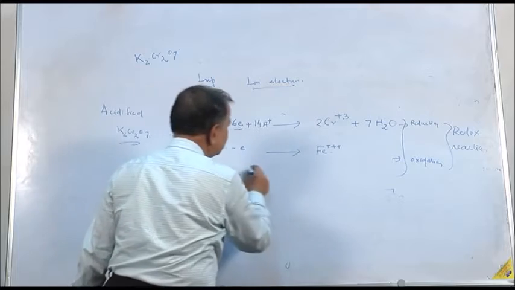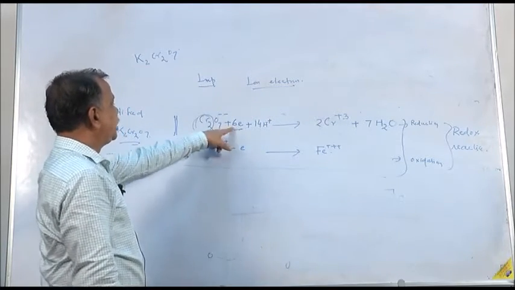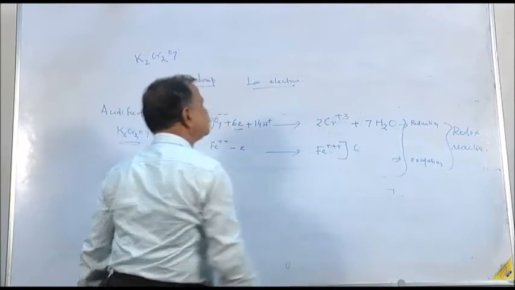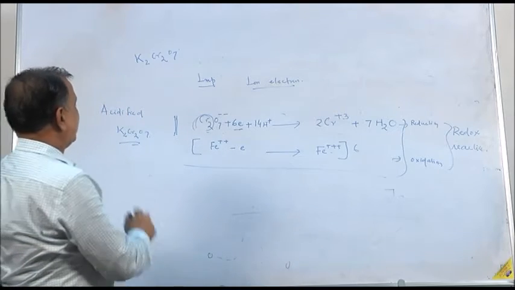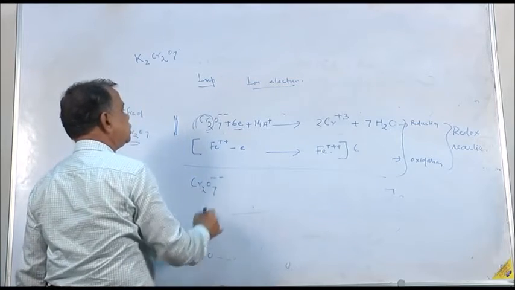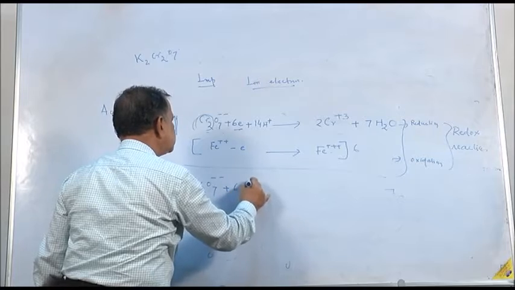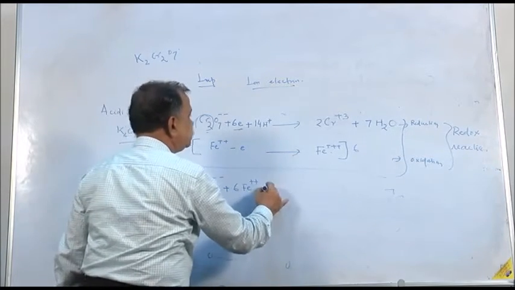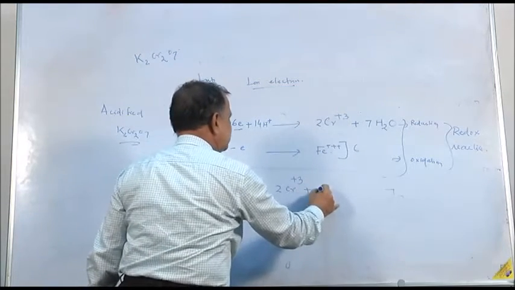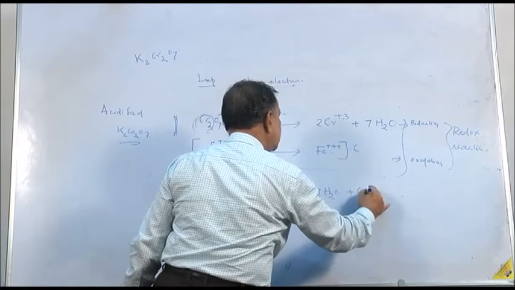Now balance the equation, the simple way. Here is 1e, here is 6e. In order to balance the equation, we have to multiply the ferrous half by 6. You will get Cr2O7 2- plus 6 Fe++, with the electrons cancelled, giving 2Cr +3 plus 7H2O plus 6 Fe+++.